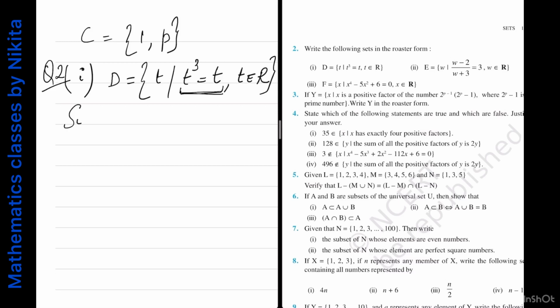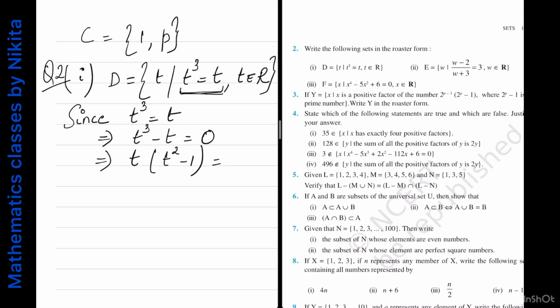Since t cube is equal to t, I can write this in the form of an equation, t cube minus t is equal to 0. Now you take t common, so you will have t into t square minus 1 is equal to 0. So these two factors multiply to 0, which means each factor can be 0. So this implies t is 0 or t square minus 1 is equal to 0.